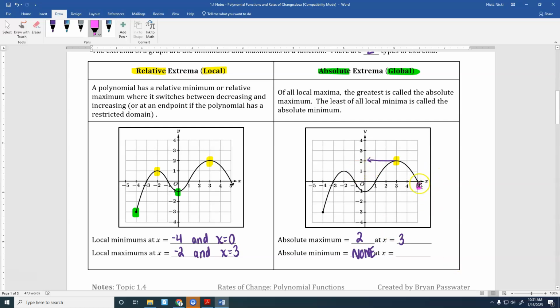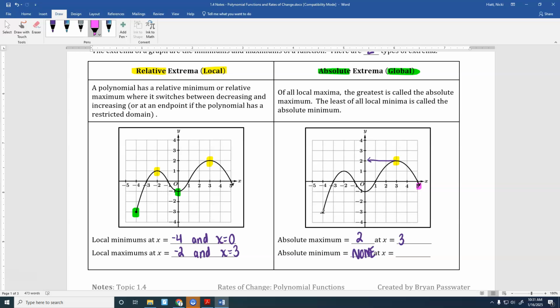Anytime it goes down forever, you can't count this as your minimum because there are points lower somewhere on the graph. So usually when you see arrows on the end of the graph, it's going to keep you from having at least one of the absolute maximums or minimums, sometimes both, because you won't have a point that's your lowest point.